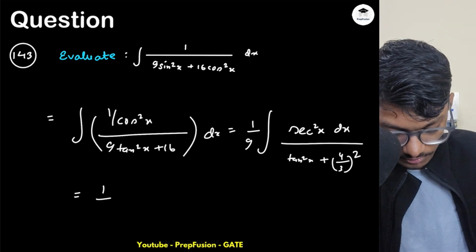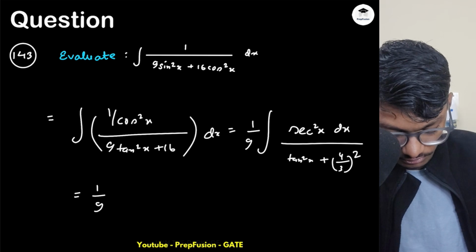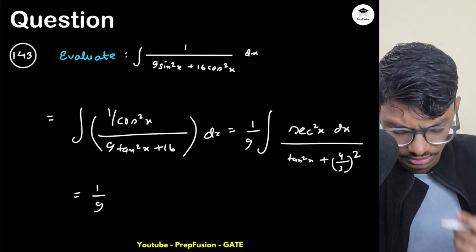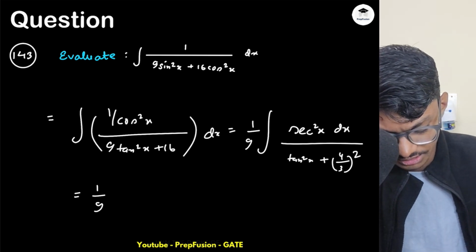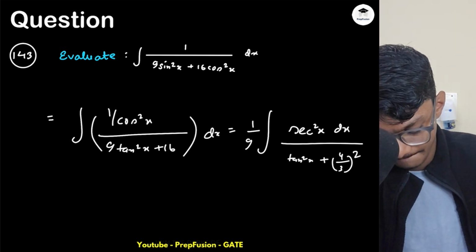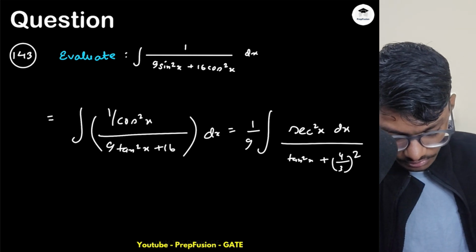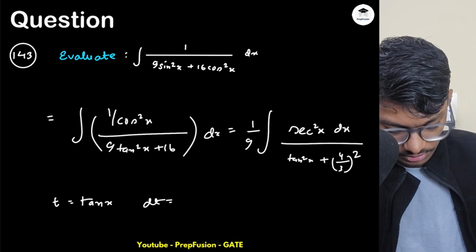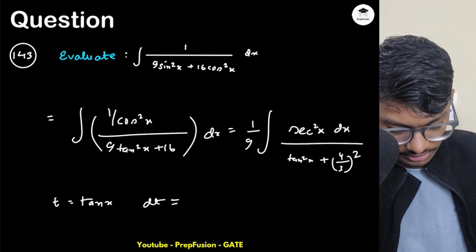So this one will be 1 by 9 now. What I can do is use a substitution. I can write that t is equal to tan x, so dt will be simply sec square x dx.